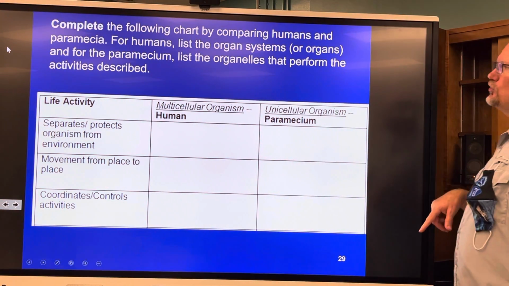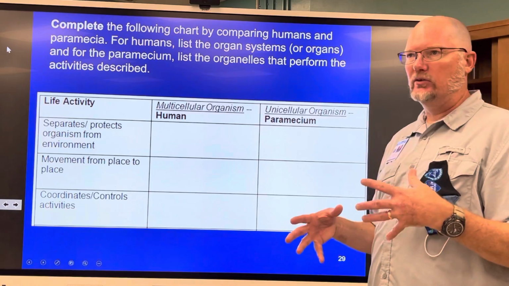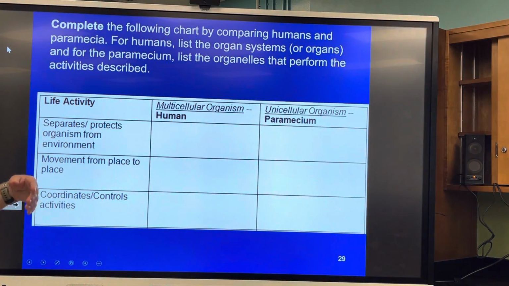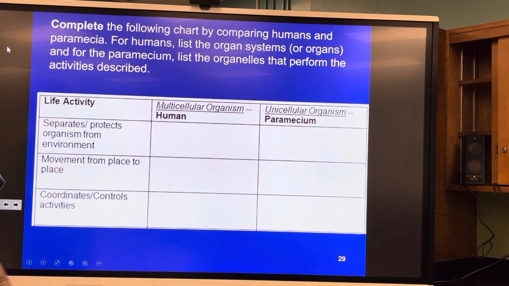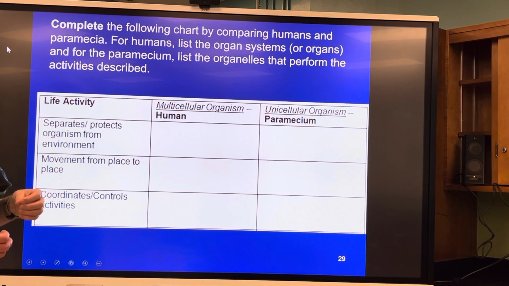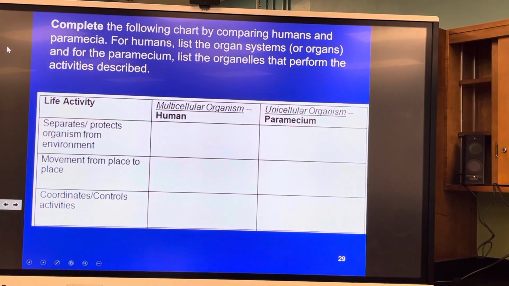So you're going to complete this chart by comparing humans, multicellular, and paramecia, which is plural for a paramecium. So for humans, list the organ system or the organs, all right? And for the paramecium, list what organelles perform the activities described.